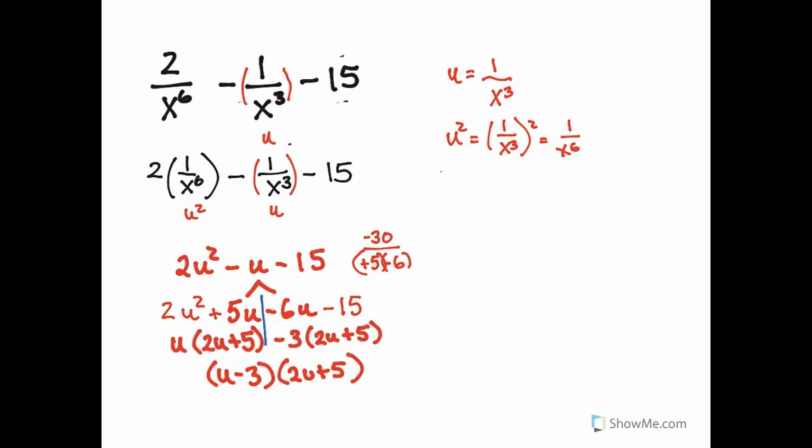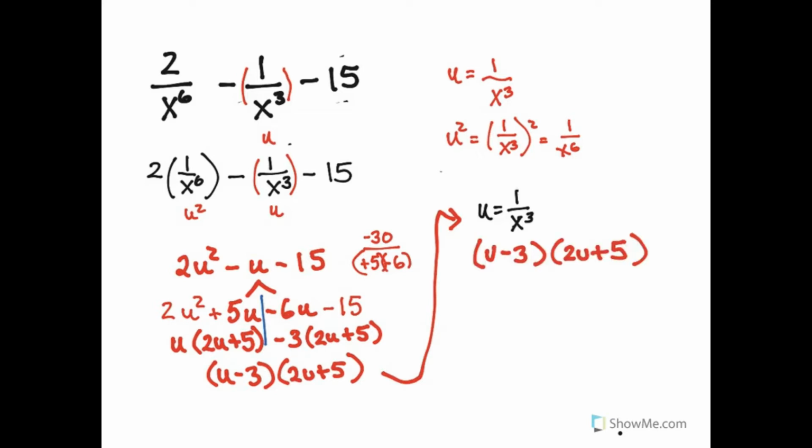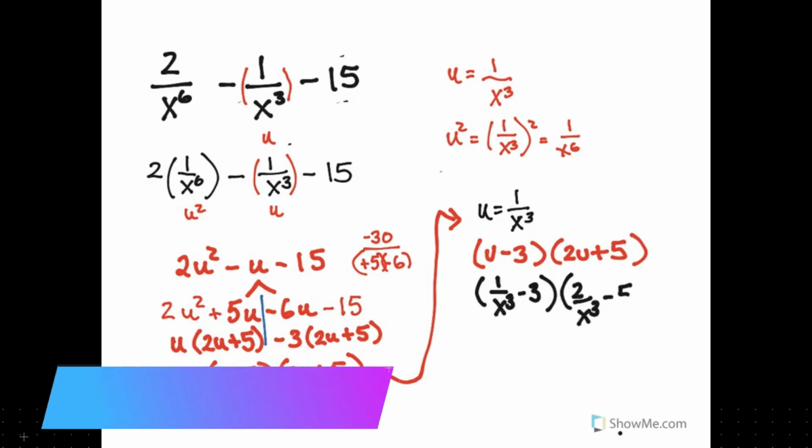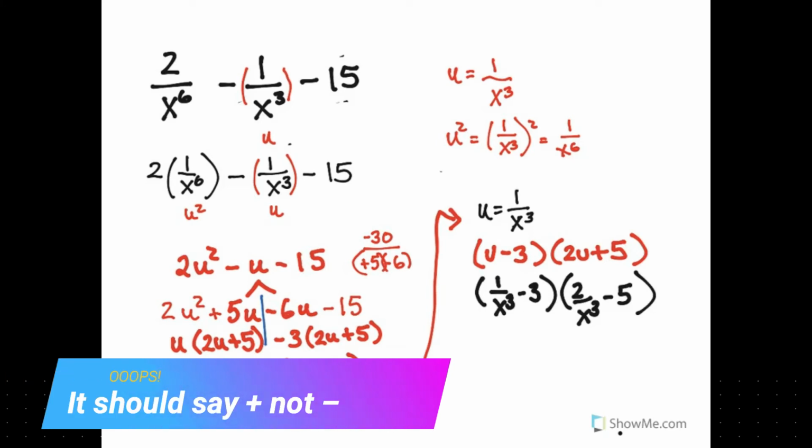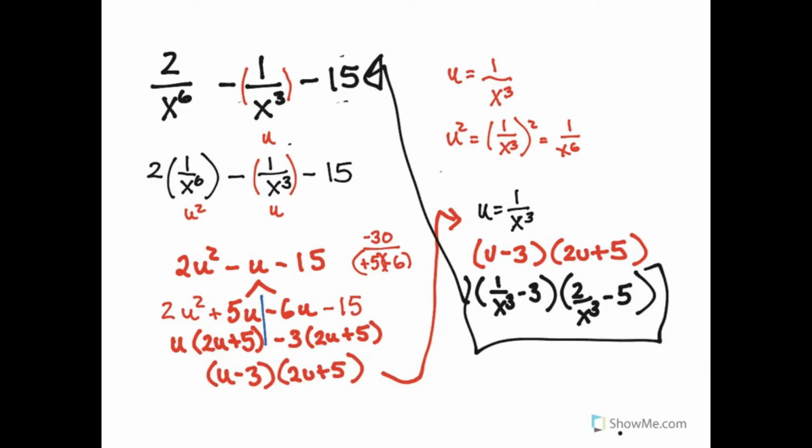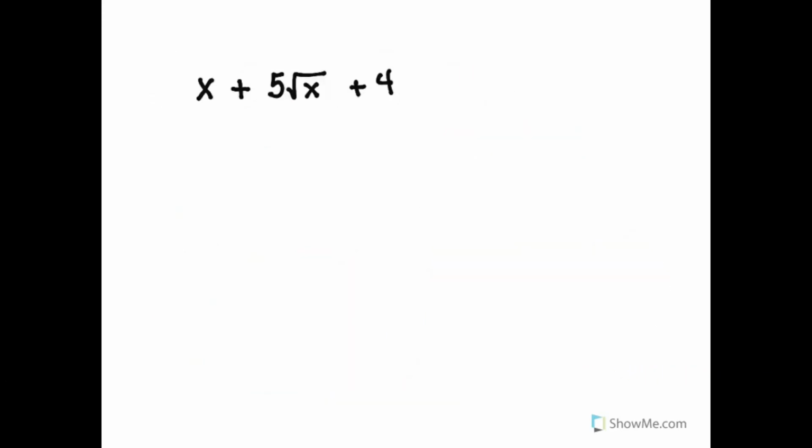Well, now all we need to do is go back to x. Since u equals 1 over x cubed, the factorization u minus 3 is 1 over x cubed minus 3, and 2u plus 5 is 2 over x cubed plus 5. So we factored the original expression, and we don't need to go any further than that. That looks good to me.